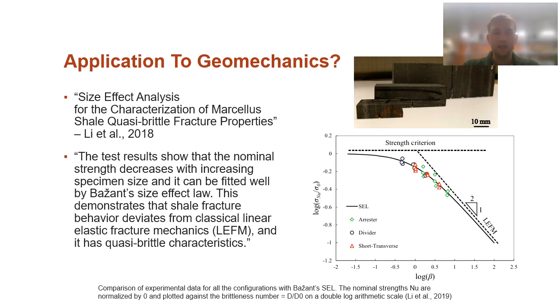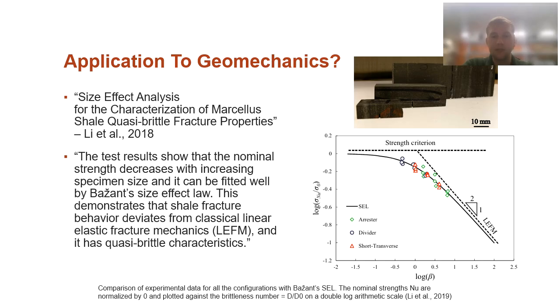In the top right here, they have geometrically similar specimens, just like the size effect said they should. And they're noticing a decrease in the nominal strength when they're increasing their structure size, or what they call brittleness number, on the bottom of that graph.